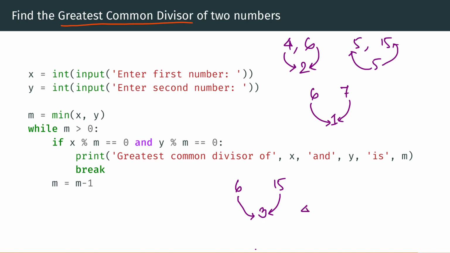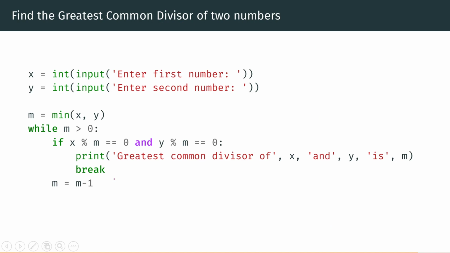It cannot be 4, it cannot be 5, because 6 is not divisible by 4. It would be 1 and a half. Definitely not 5, definitely not 6. So this is what we call the greatest common divisor of two numbers, the largest number that divides the two numbers.